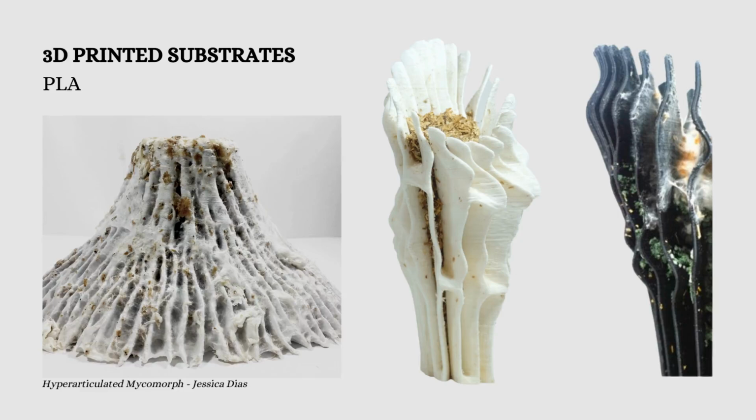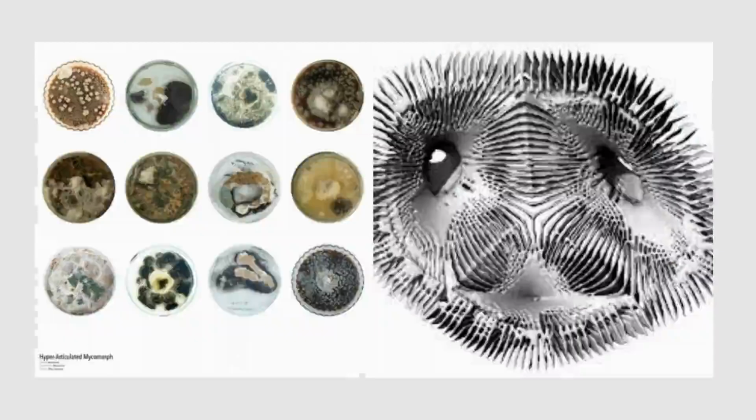And here, this project by Jess was the hyper-articulated mycomorph, her thesis for her architecture course at EAC. Here she used PLA. As you can see on the right, this is a render of what this form looked like.